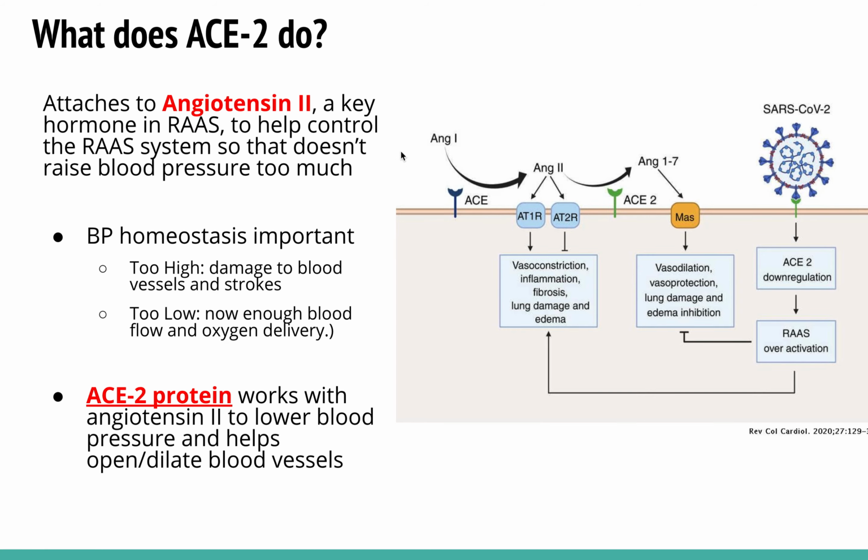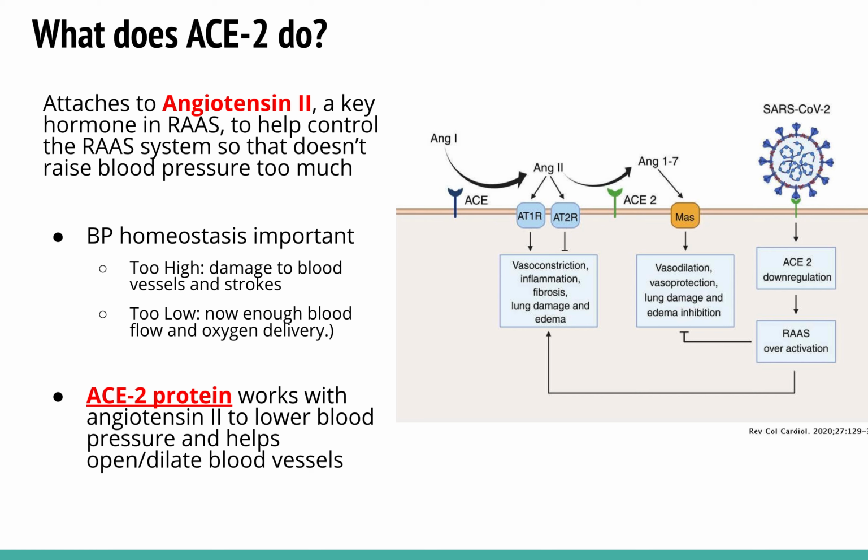And angiotensin 2 is a product within the RAS system that prevents the RAS system from getting out of control, prevents you from making your blood pressure too high. What it does is maintain that homeostasis in your blood pressure range so that it doesn't get too far out of what's acceptable.